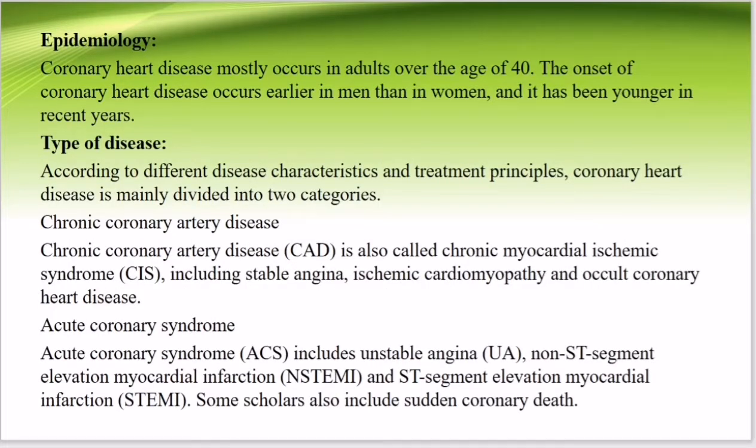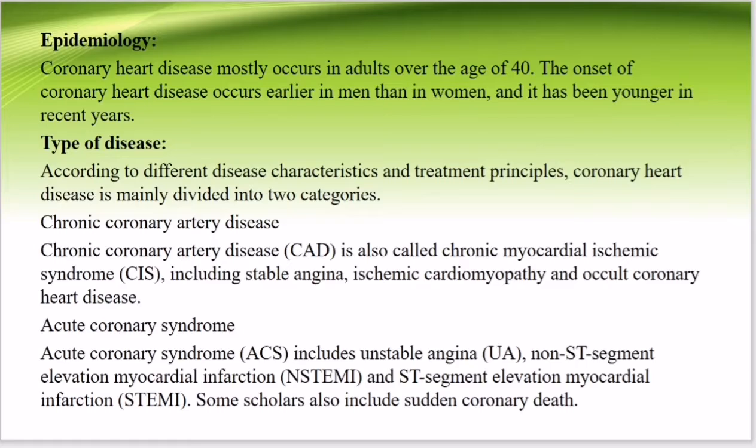Epidemiology: coronary heart disease mostly occurs in adults over the age of 40. The onset of coronary heart disease occurs earlier in men than in women, and it has been occurring at younger ages in recent years.